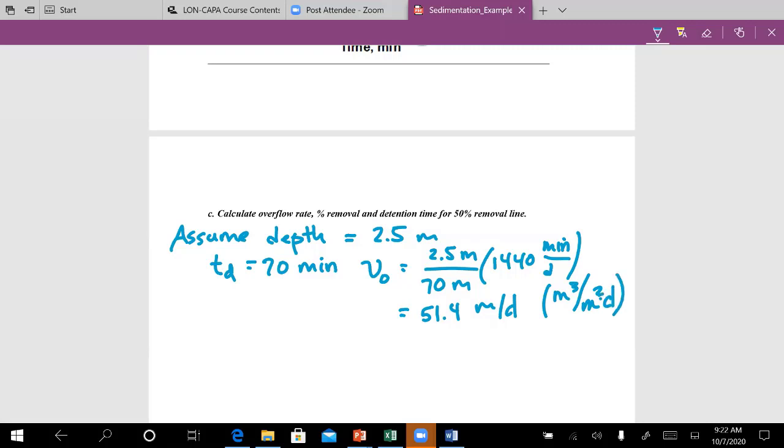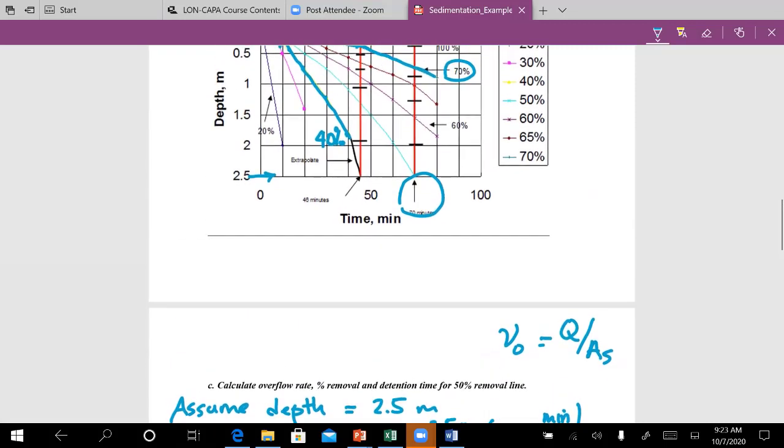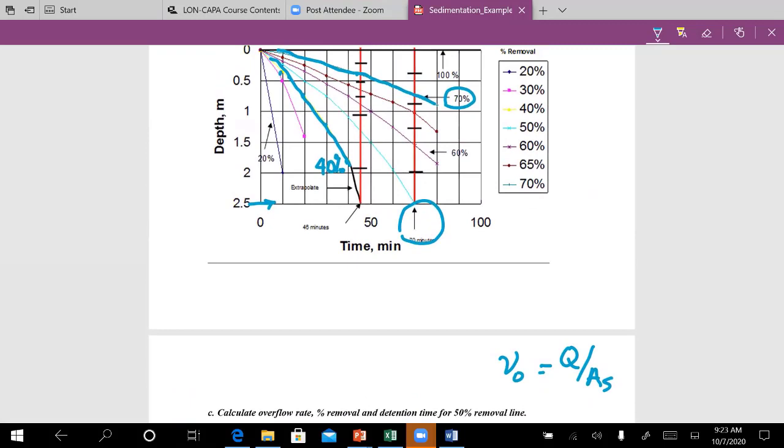Meters cubed per day is the flow rate, and meters squared is the surface area. It's Q over A sub S. Again, that's our overflow rate. In order to find the percent removal, we're looking at this line that's shown in red here. So let's just look right here.